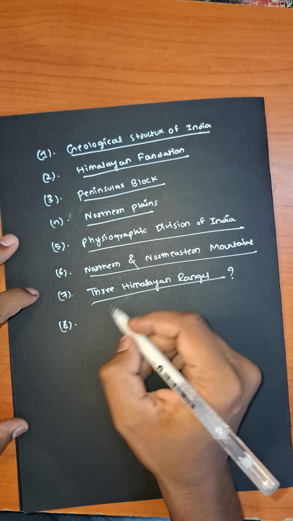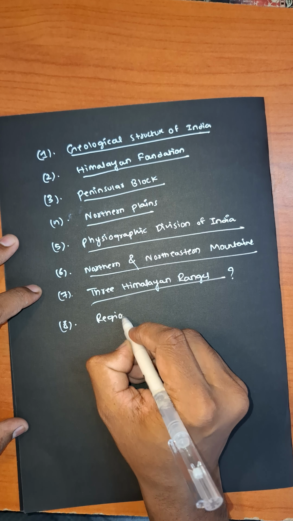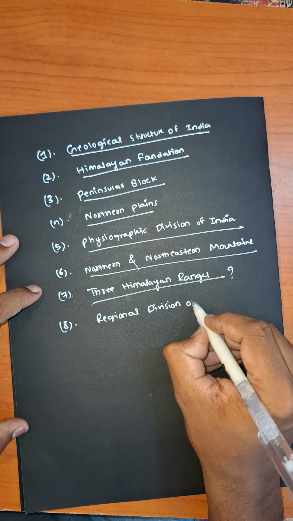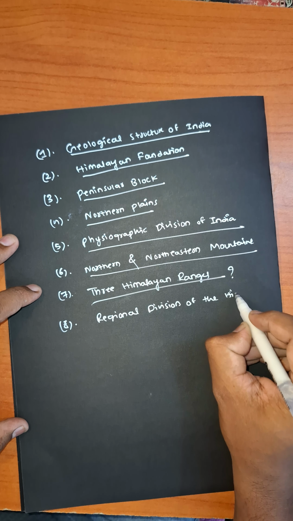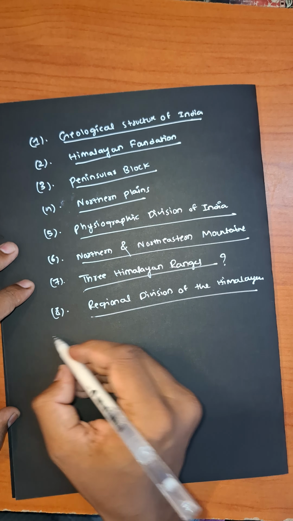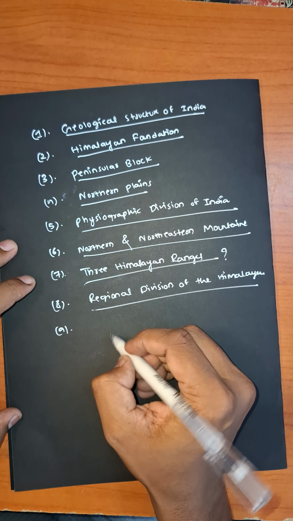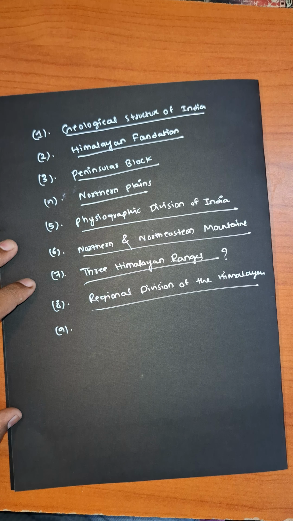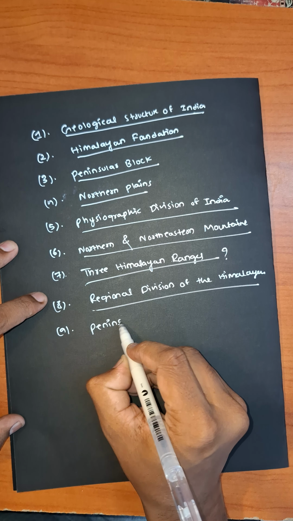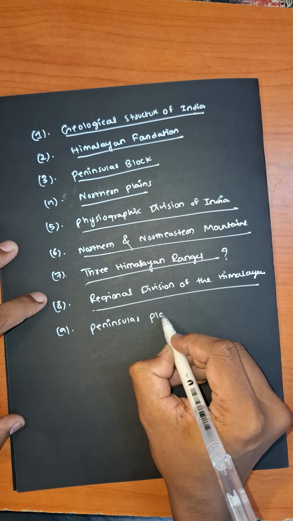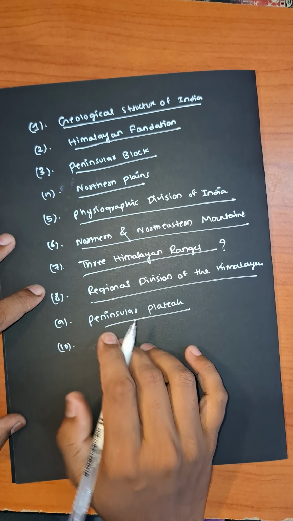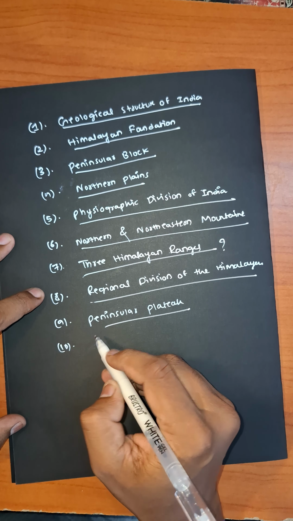Then what else do we have? We have the regional division of the Himalayas. The other one is the peninsular plateau. Then what else do we have? The Indian desert.